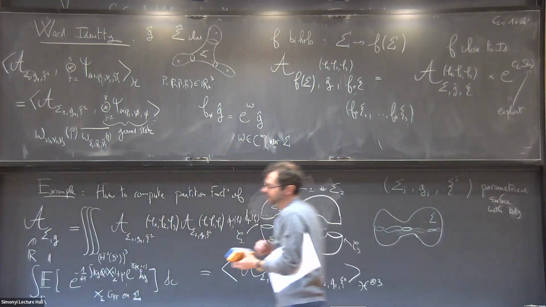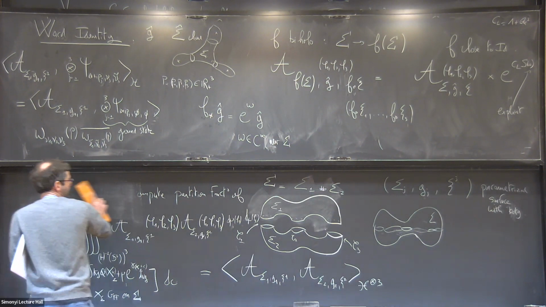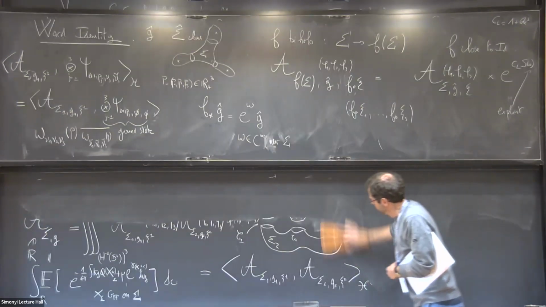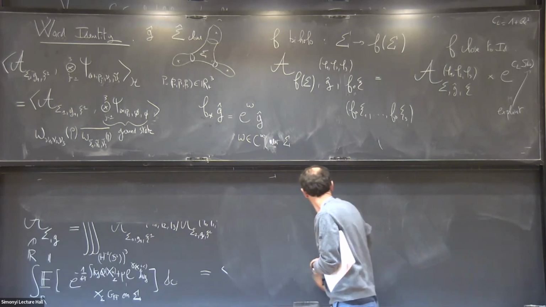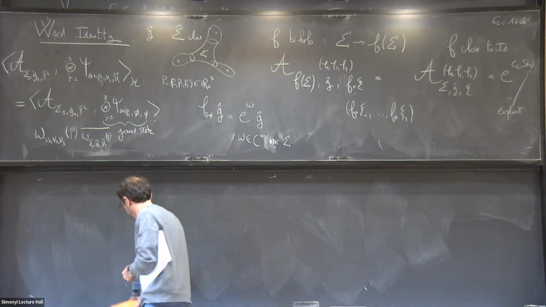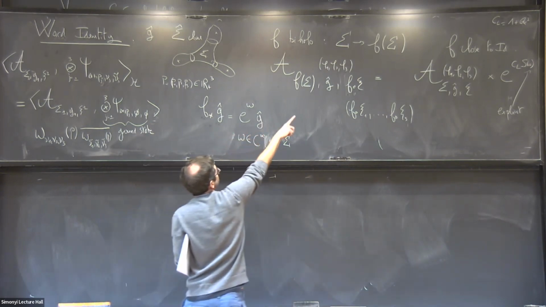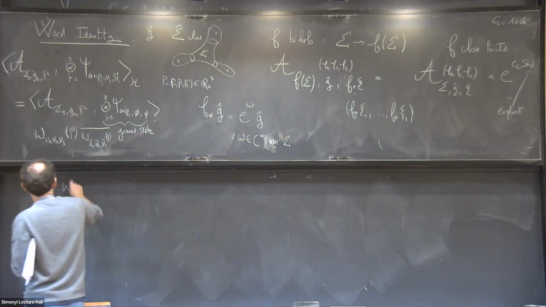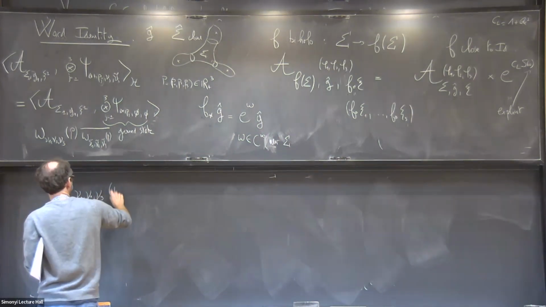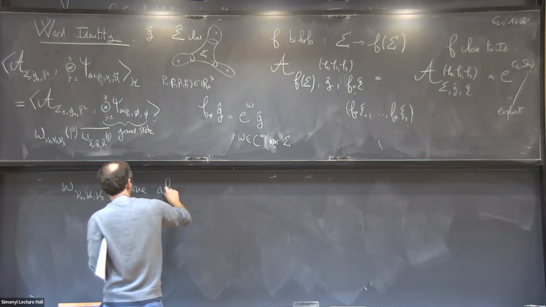It basically depends on the commutation relations of the Virasoro algebra. I will explain the link with what I said also with F here. So W, nu1, nu2, nu3 of P are algebraic coefficients.